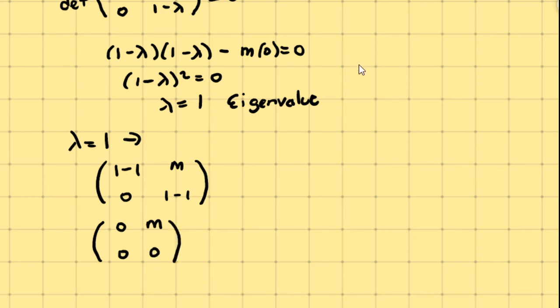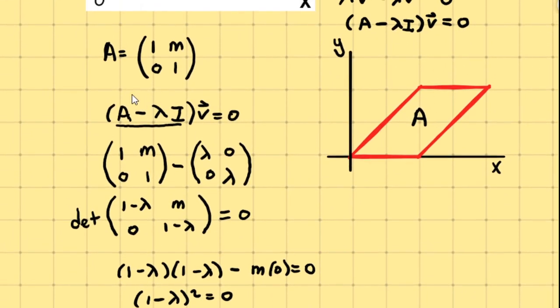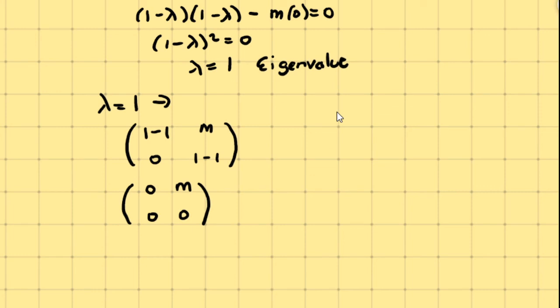And we know that if we multiply this matrix times our vector v, the answer is 0. So we multiply by the vector v, which will give components v1 and v2, and we know that the answer should be 0, 0.